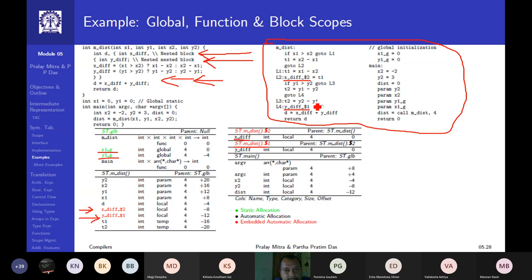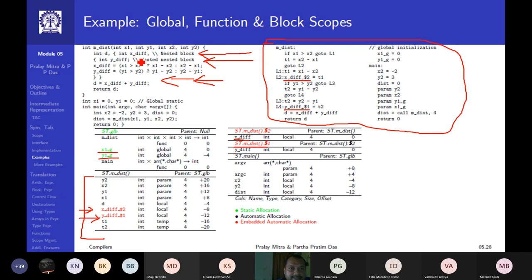Because now you know the meaning of x diff and y diff has changed, and following the symbol table information, I am generating that one. So you understand why it will be different when it is inside a block and outside the block.